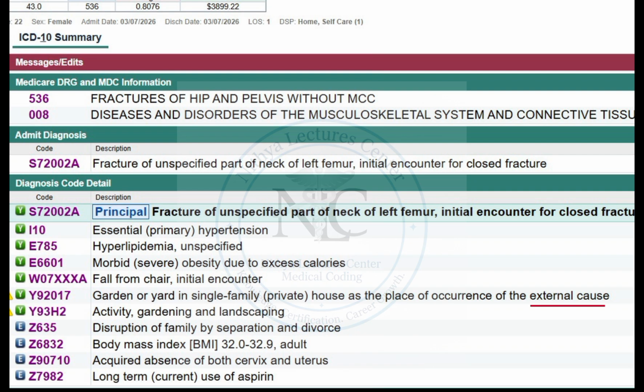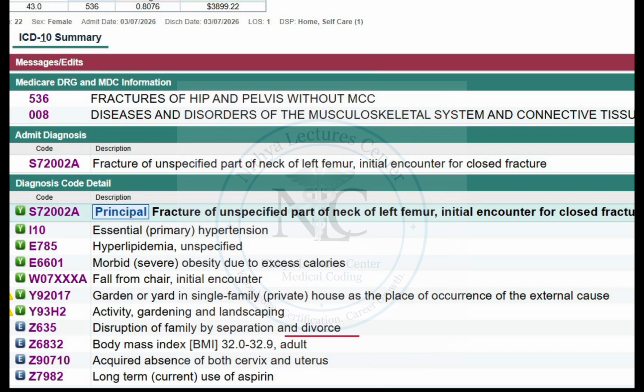And what kind of activity she was doing at the time of the fall: she was doing gardening when she fell from the chair. So I have coded the place of occurrence and the activity she was doing at the time of the fracture. This patient got divorced, so I have coded this SDOH code, that is disruption of family by separation and divorce.